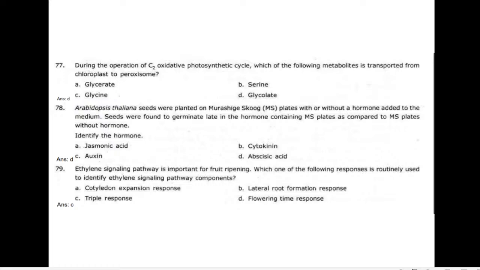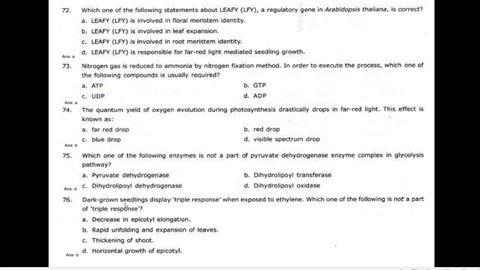And some more concepts here: auxin and cytokinin are also involved in seed germination. The ethylene signaling pathway is important in fruit ripening. Which one of the following responses is routinely used to identify the ethylene signaling pathway? This ethylene concept is helpful for the triple response.